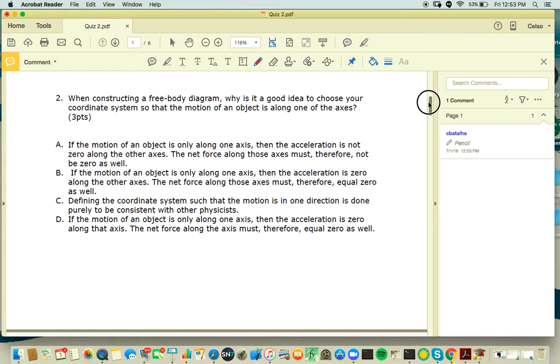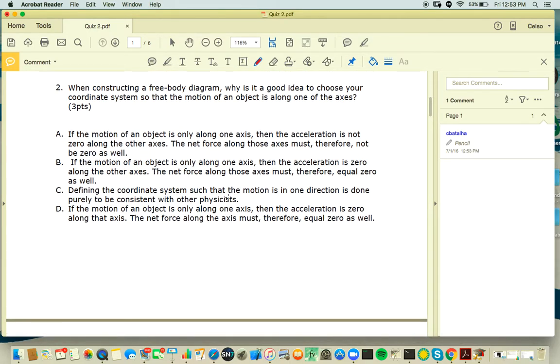Same direction. Now, when constructing a free body diagram, why is it a good idea to choose your coordinate system so that the motion of an object is along one of the axes? Well, I think you guys saw that in the inclined plane.